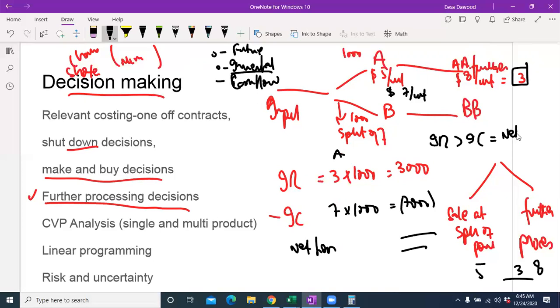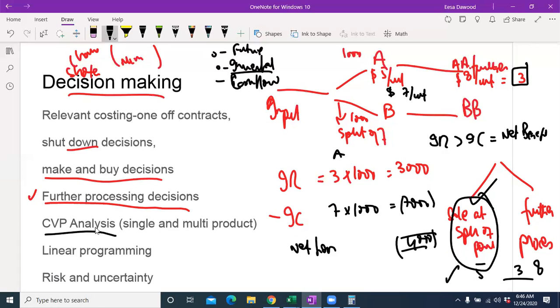Then only it is a net benefit. So my decision would be to sell it at the split-off point rather than further process, as it would increase the company's loss by 4,000. These are the decisions you will see in relevant costing.